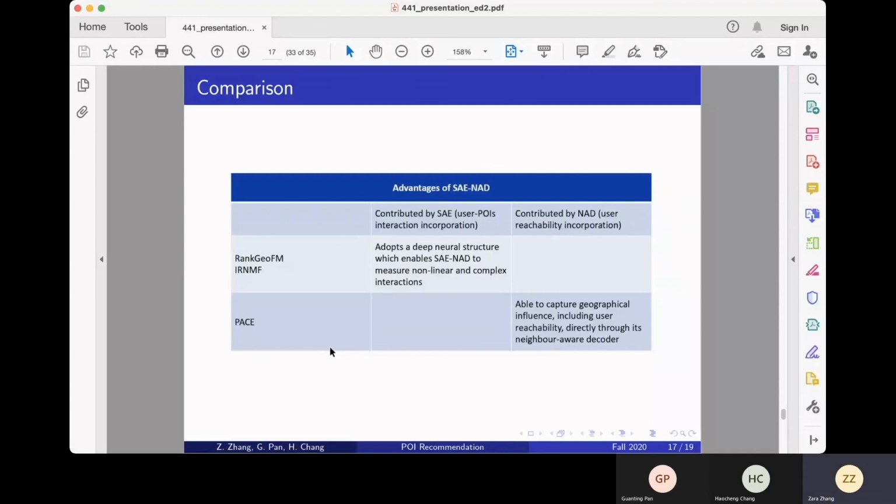In summary, our proposed model, namely SAE-NAD, clearly showed its advantages compared to many state-of-the-art baseline models. Its self-attentive encoder effectively determines user preferences on checked-in POIs, and its neighbor-aware decoder measures geographical influence precisely by differentiating user abilities on unvisited POIs. By leveraging these two components together, it is able to generate recommendations that are highly relevant to its users.